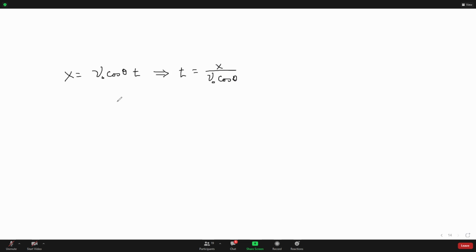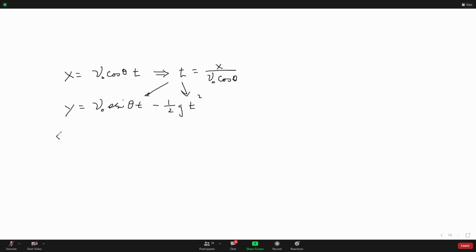Now I know that y is equal to V0 sine theta t minus 1/2 g t squared. So all I have to do is substitute in for t. And now I have an equation between y and x.